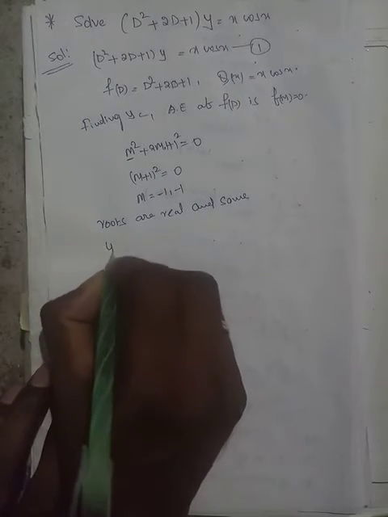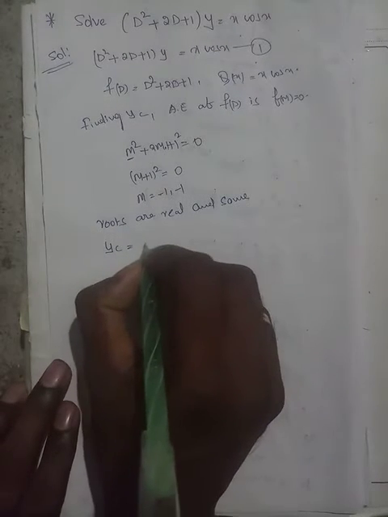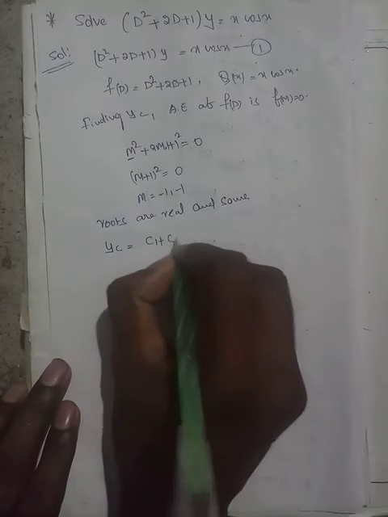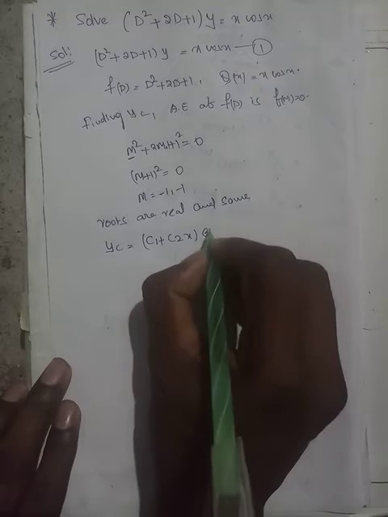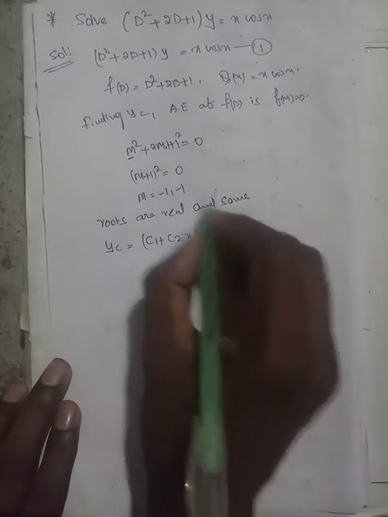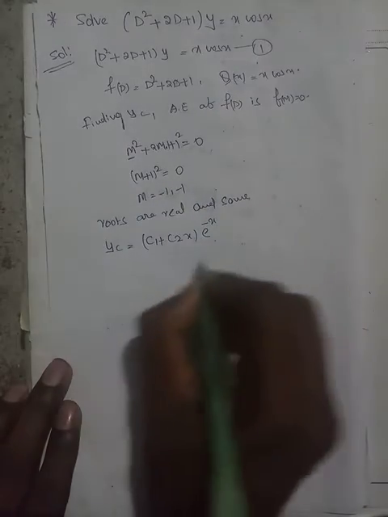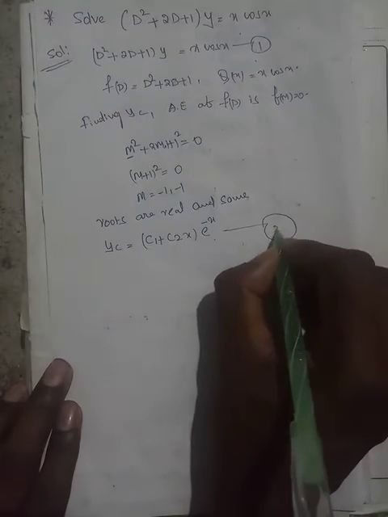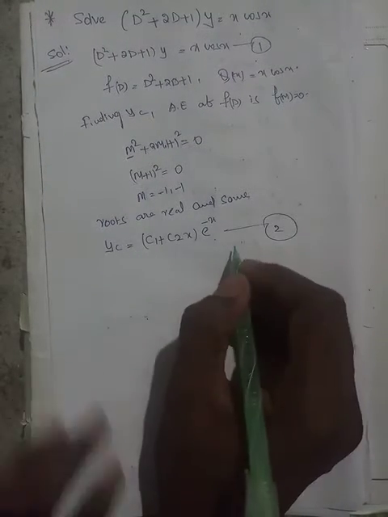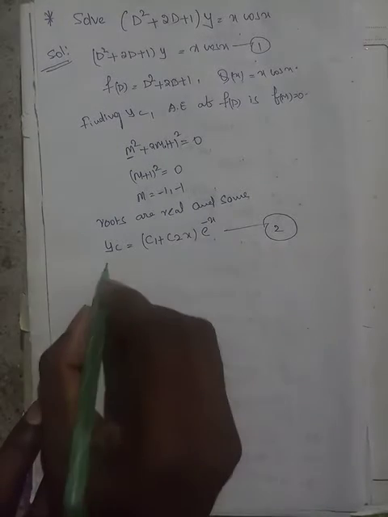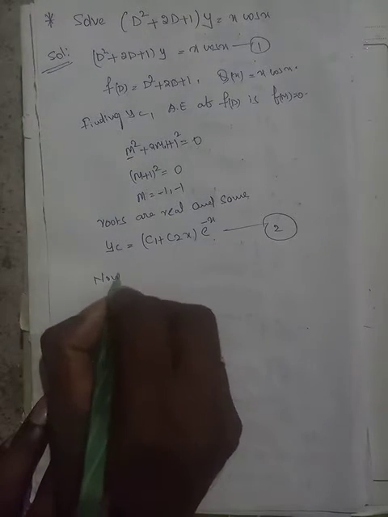Now yc becomes (c1 plus c2 x) into e power minus x. This is nothing but yc of equation 1. Let us assume this is equation 2.